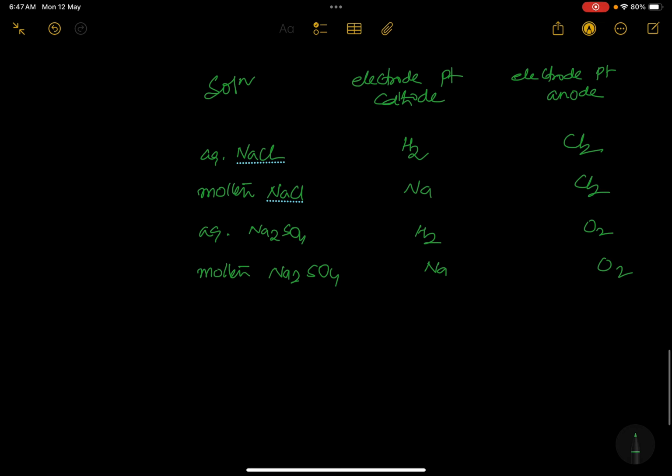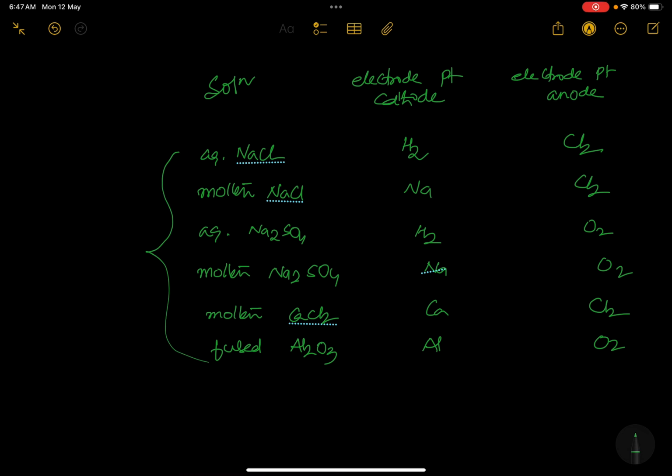Molten calcium chloride, molten or fused meaning the same, gives calcium and chlorine. Fused Al2O3 gives aluminium and oxygen. You must be very good at this.